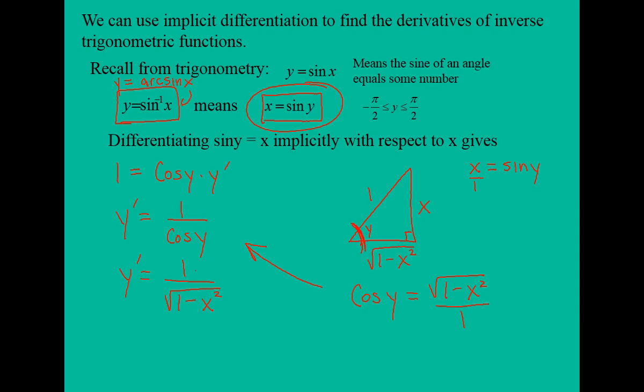That's the same thing as the sine inverse. So there's the derivative of y equals sine inverse of x. So let's just write the derivative. The derivative of the sine inverse of x we just found to be 1 over the square root of 1 minus x squared. That's our derivative.